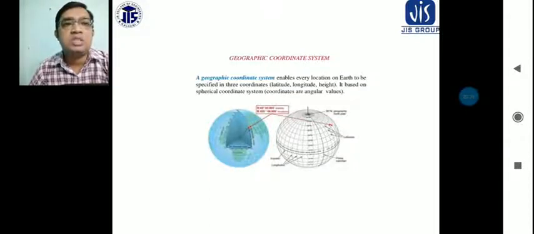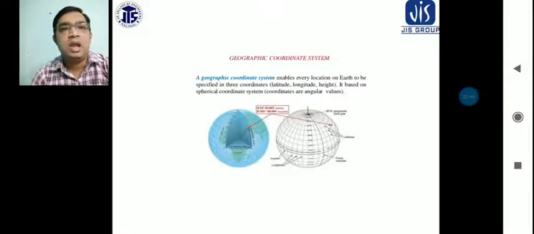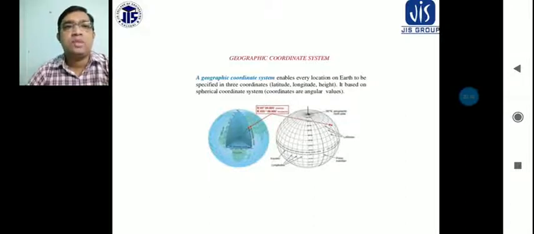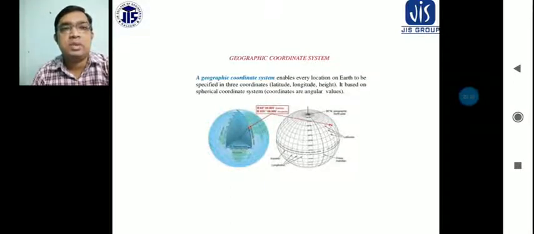Similarly, for the geographic coordinate system of the earth, different steps will be given, and these steps depend on the different latitudes, longitudes, and heights. At which heights it will be easy and at which heights difficulties will come, but at each and every place we have to find coordinates. Basically these coordinates are considered according to your geographic coordinate system, and it is based on the spherical coordinate system, where the coordinates are angular values.